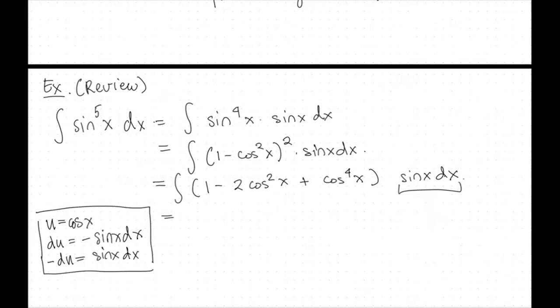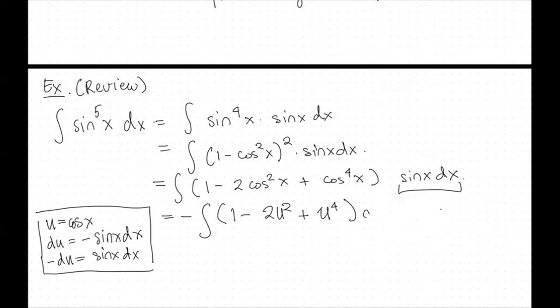So here we will replace this with negative integral of du. Notice that I put the negative sign outside so that it's easier to write. And then this is 1 minus 2 u squared plus u raised to 4. So the du is too far. Wrong.